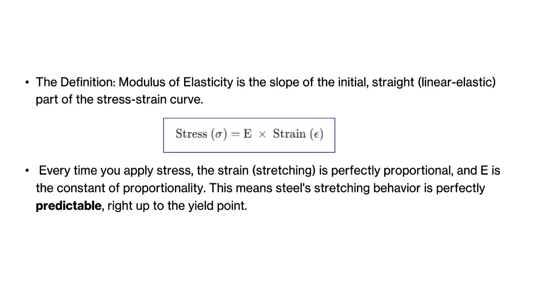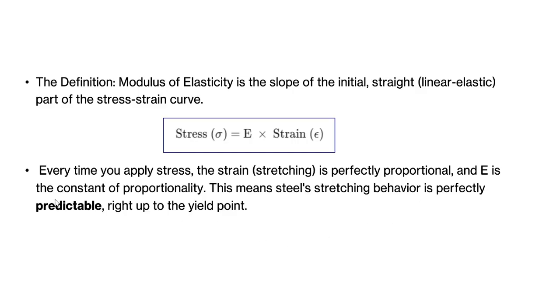If you increase the stress, the strain will increase in parallel. So E is the constant. Every time you apply stress, the strain stretching is perfectly proportional. E is the constant of proportionality. That means steel's stretching behavior is perfectly predictable right up to the yield point.